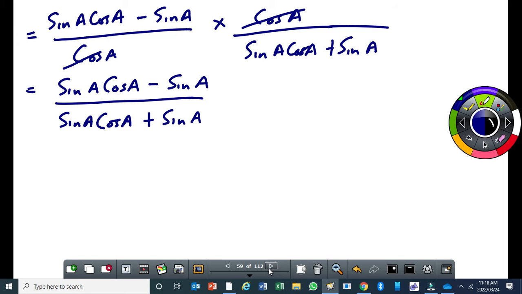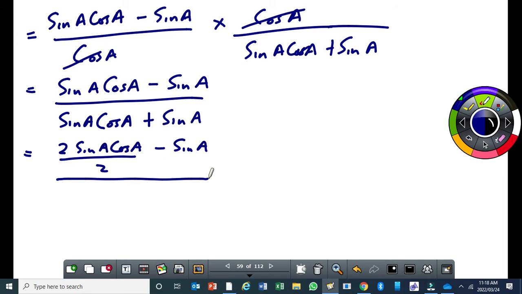You see that? Therefore, we can write this as 2 sine A cos A over 2 minus sine A all over 2 sine A cos A all over 2 minus sine A.